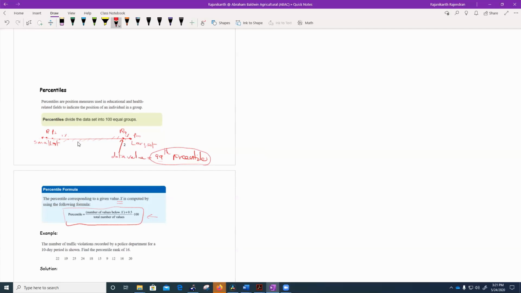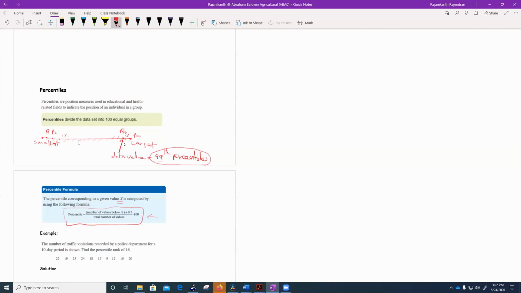Then you add half, or 0.5, to that value. Then divide this number by the total number of data values, then multiply by 100. So this answer may be a whole number, maybe a decimal, it doesn't matter, but this will give you some idea of what percentage of the data will fall below that given data value.